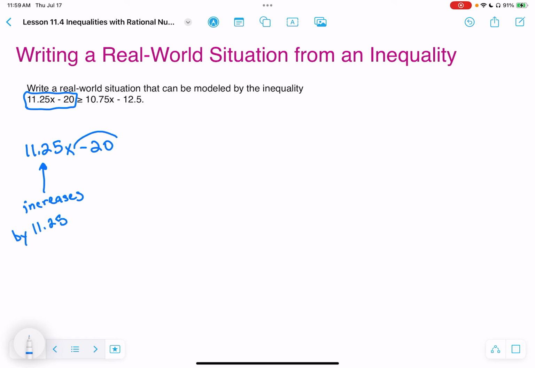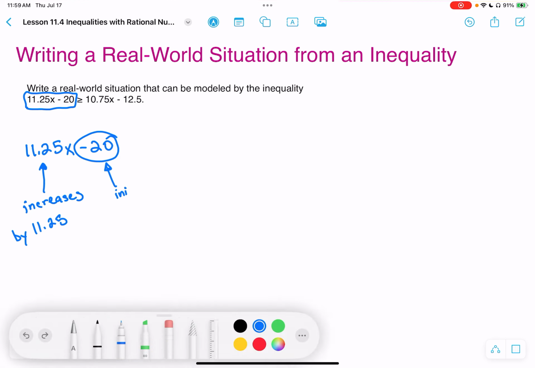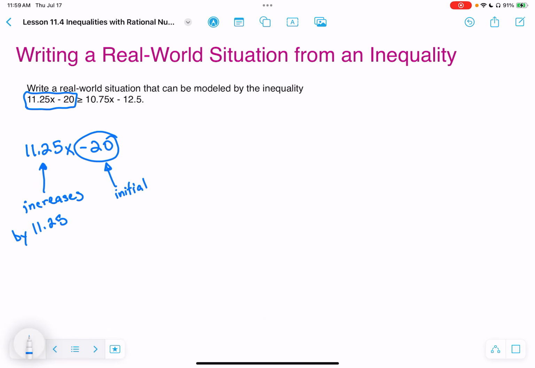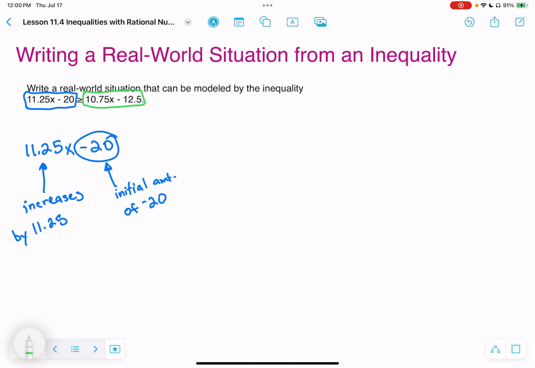And then minus 20 is our initial amount. Initial amount of negative 20. Okay, and then the other side looks like this.